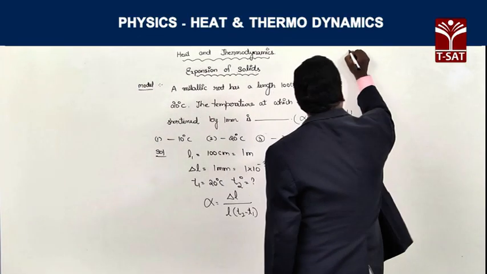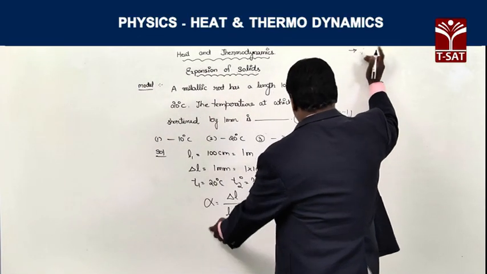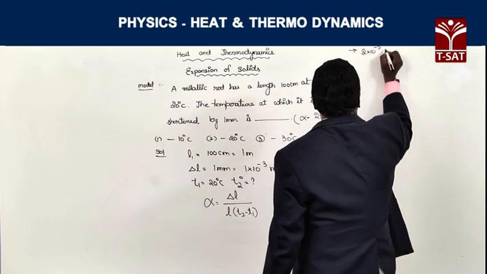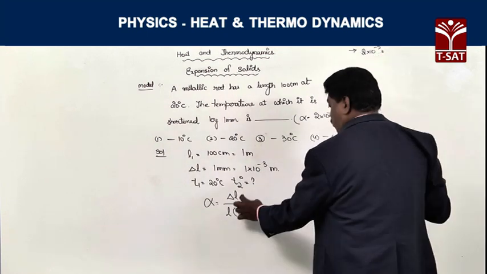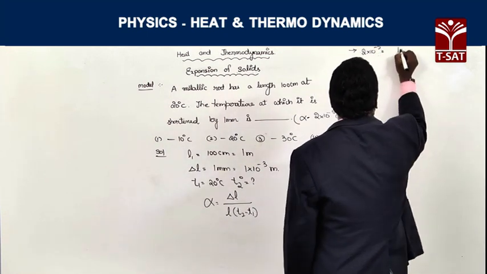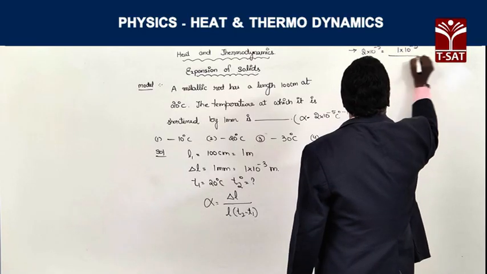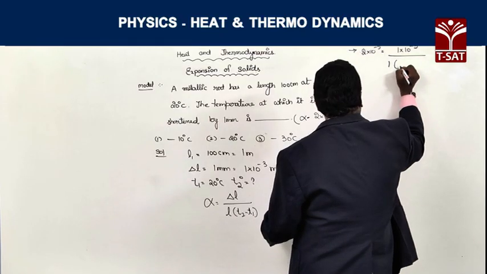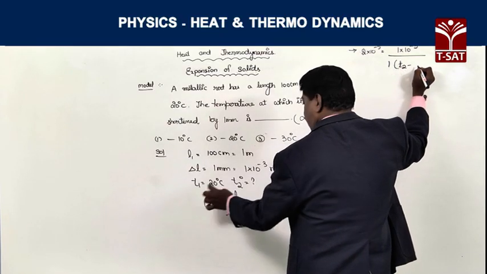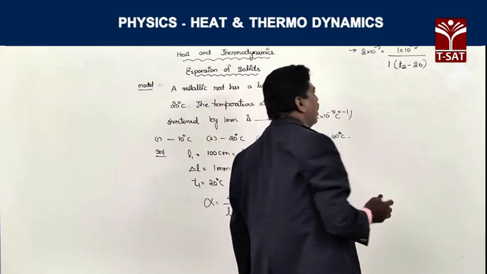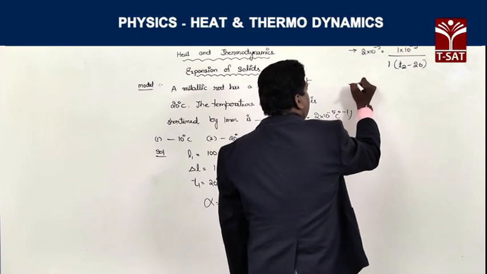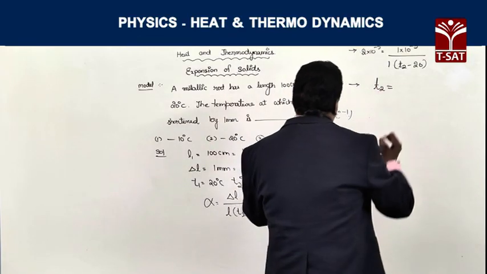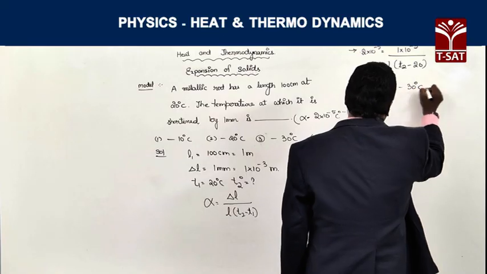What we have got is alpha, 2 into 10 to the power of minus 5 per degree Celsius, equals delta L, which is 1 into 10 to the power of minus 3, divided by initial length, which is 1 meter, and change in temperature T2 minus T1 is written as T2 minus 20. On simplifying this complete equation, we have T2 equals minus 30 degrees Celsius.